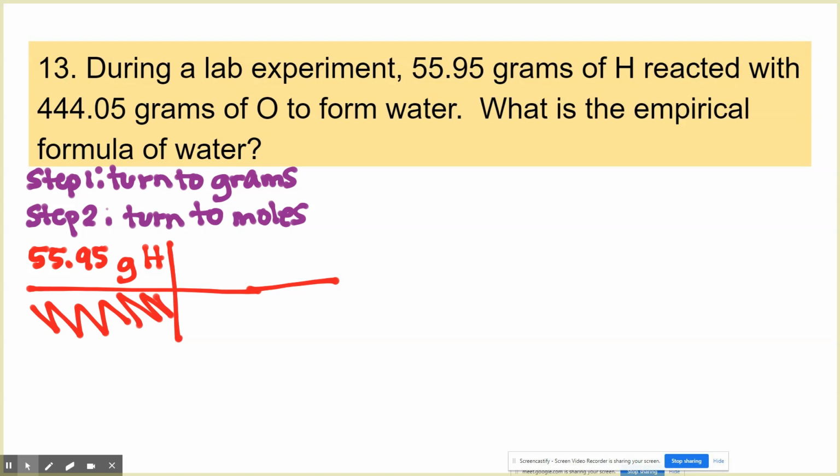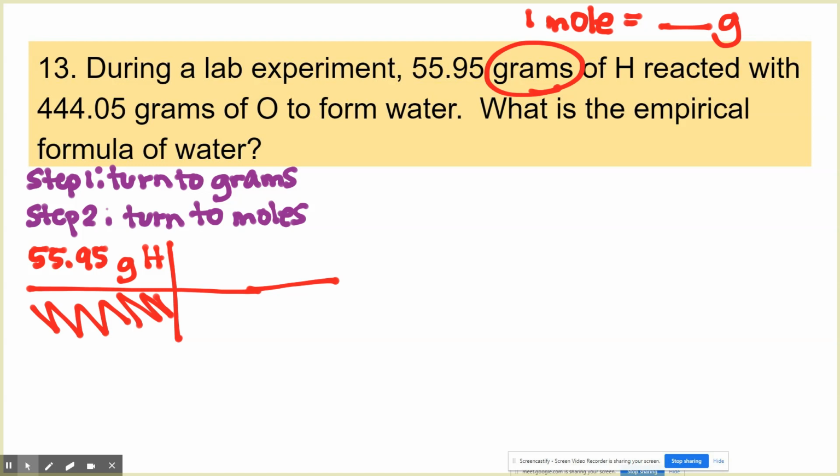Okay, and then we have to put in a conversion factor. So how do you do this again? Remember, the conversion factor, if ever you see grams, is 1 mole equals the molar mass. So again, whenever you see the word grams, remember our conversion factor is 1 mole equals how many grams of whatever that is. And this is the molar mass.